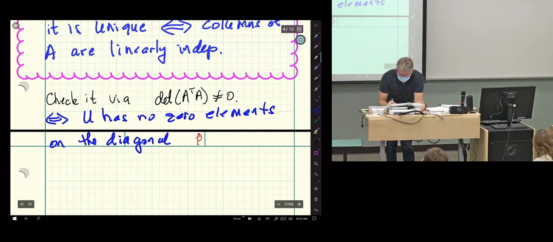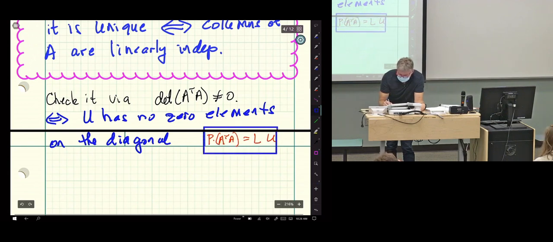And U comes from, whoops, not a derivative, P dot A transpose A equals LU. Our beautiful LU factorization. Bingo.